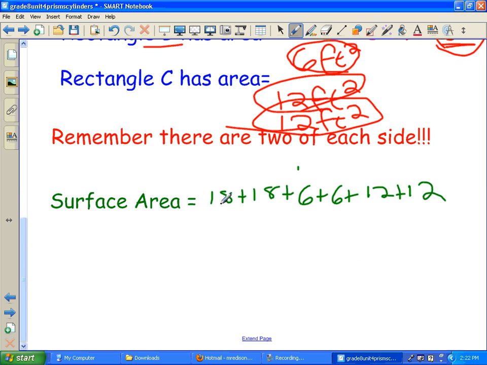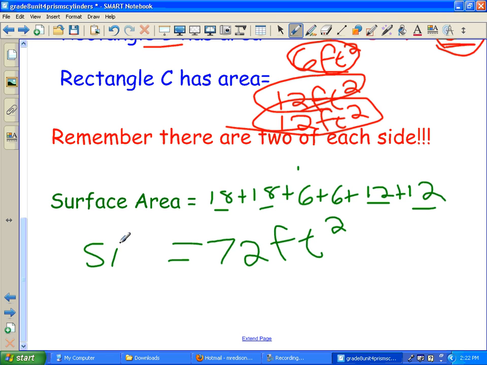Now you add them all up. 18 and 18 is 36, plus 12 more is 48, plus another 12 more is 60, plus another 12 more is 72 feet squared, because we're talking about the surface area.